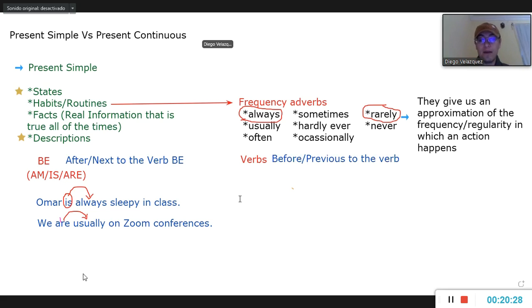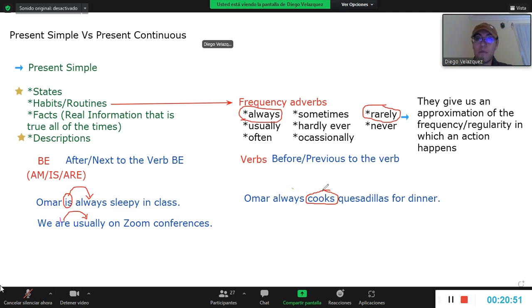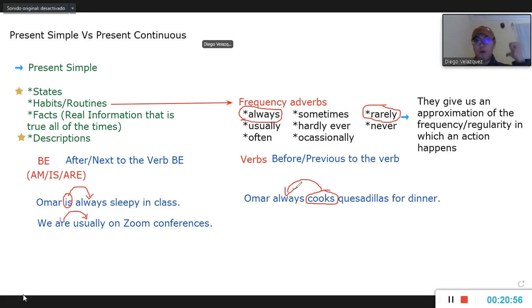For example, what do we have? Another little example. Omar always cooks quesadillas for dinner. What happens? We have the verb, but this time the frequency adverb goes before the verb, okay?